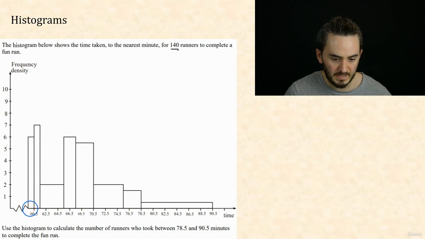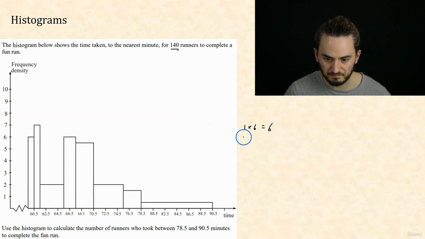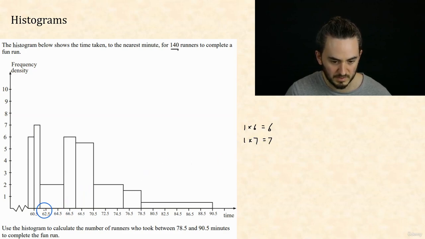So this one here has a base of 1 and a height of 6. So 1 times 6 equals 6. Next one, base of 1, height of 7. 1 times 7 is 7. The next one has a base of 4, going from 61.5 to 65.5, and a height of 2.